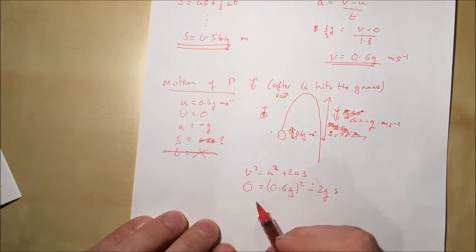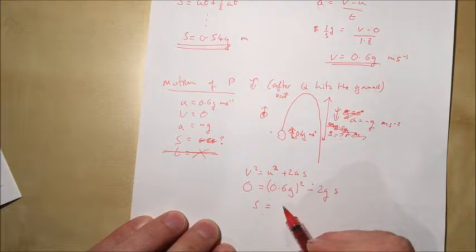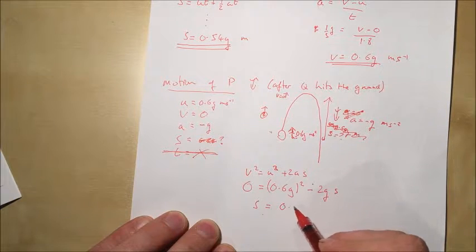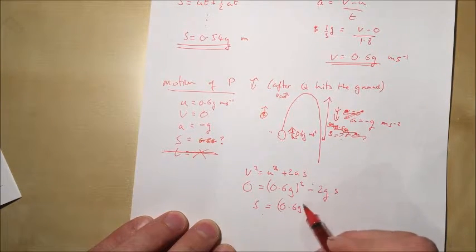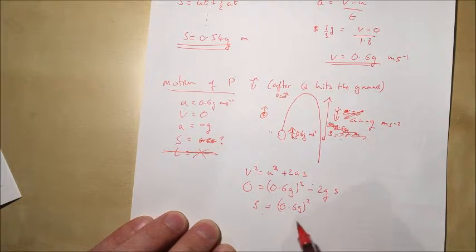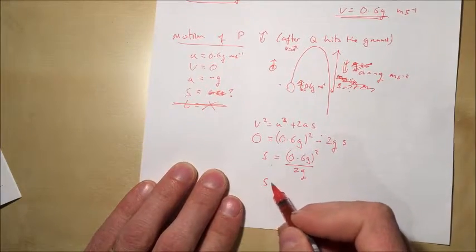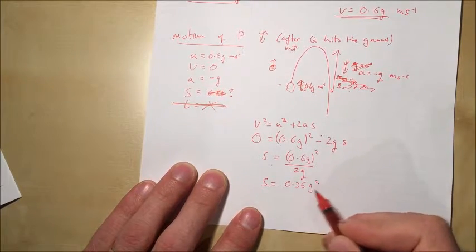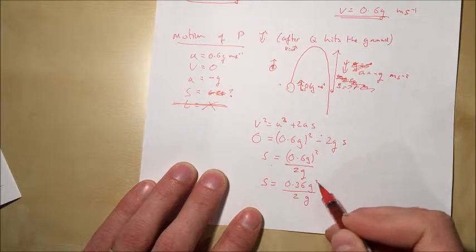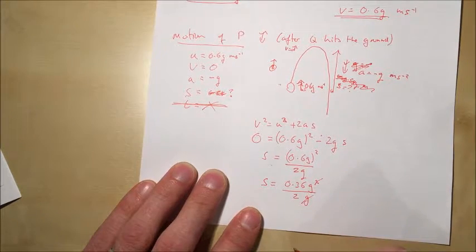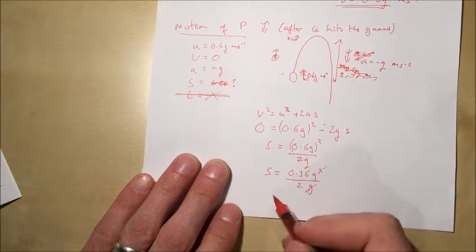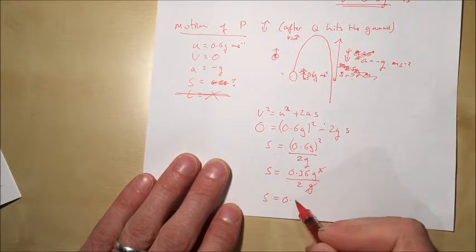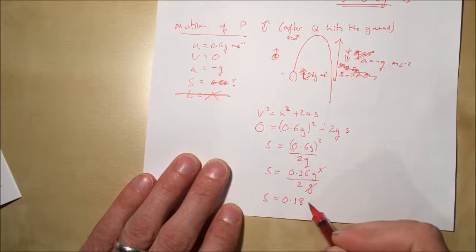So that's going to give me S equals 0.6 G all squared, divided by 2G. So S equals, well, 0.6 squared is 0.36, G times G is G squared, divided by 2G. That G squared cancels out, so it's worth me keeping those G's in, made life a little bit easier. So S equals 0.18 G.